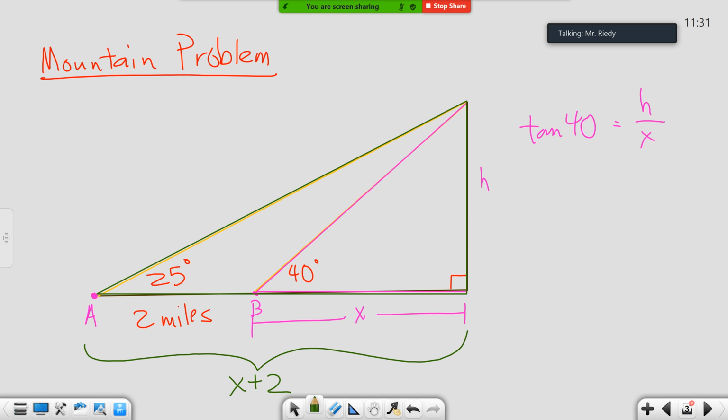Oh. What trig equation do you get now using the green triangle, the big one? I'm not sure. Lily, help me out.